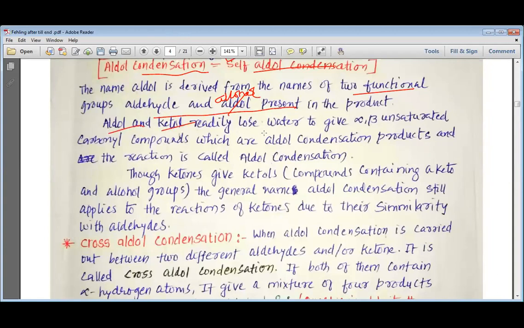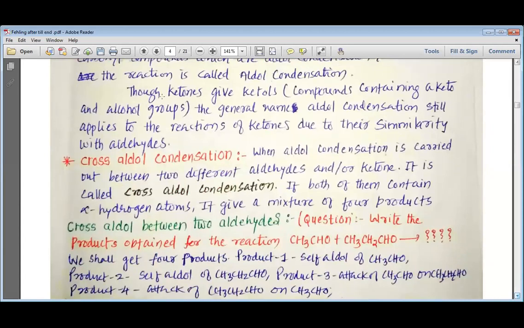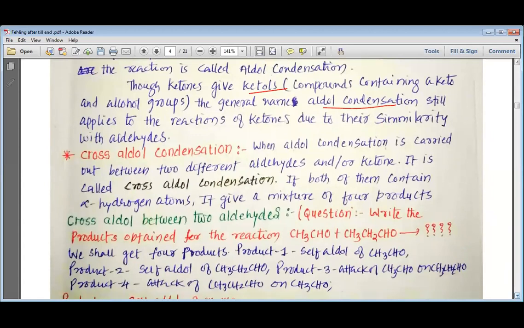Aldol and ketol readily lose water and give the alpha beta unsaturated product that we have discussed. Though ketones give ketols, compounds containing a ketone and alcohol group, the general name aldol is kept even for the reaction between two ketones.